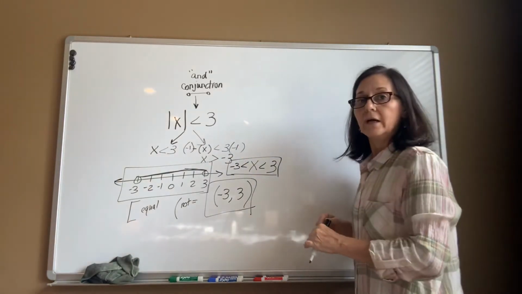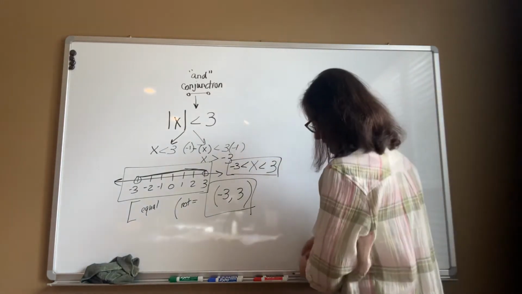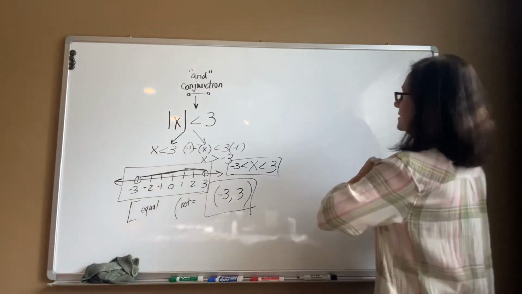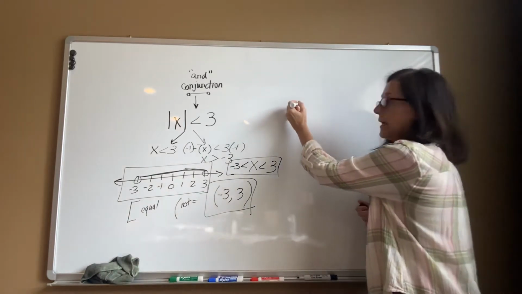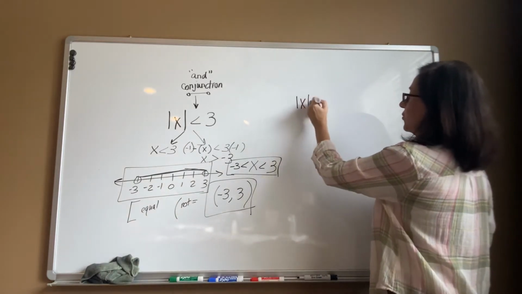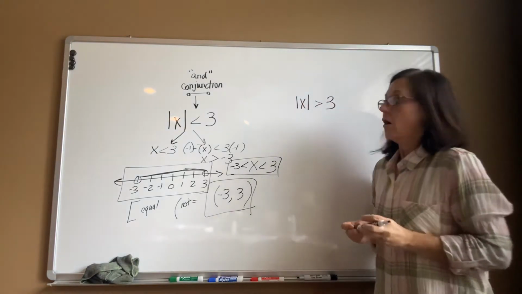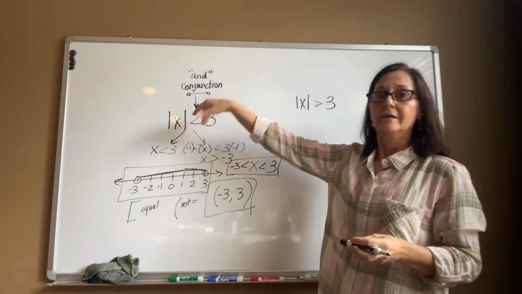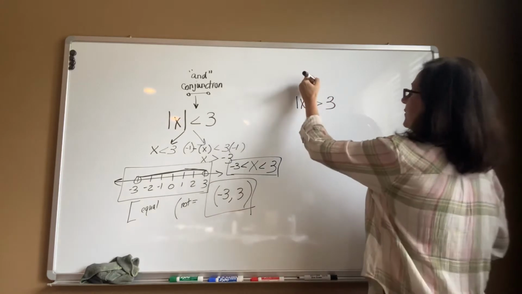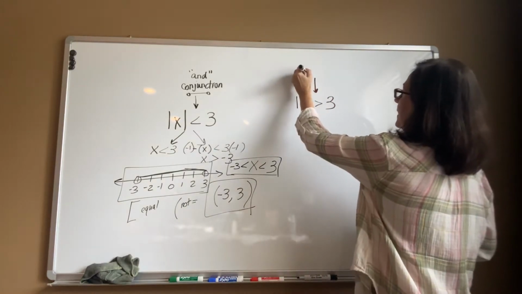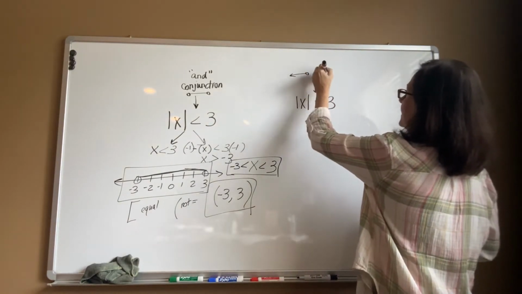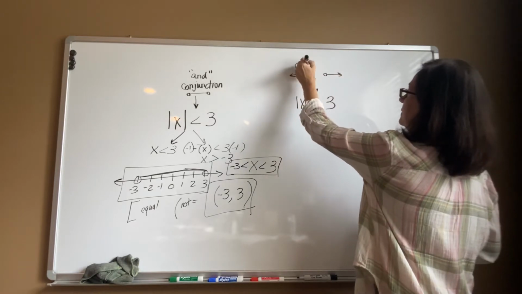Now let's do absolute value of X greater than 3. All right, if less than is a conjunction, then you can imagine greater than, I expect to be a disjunction.